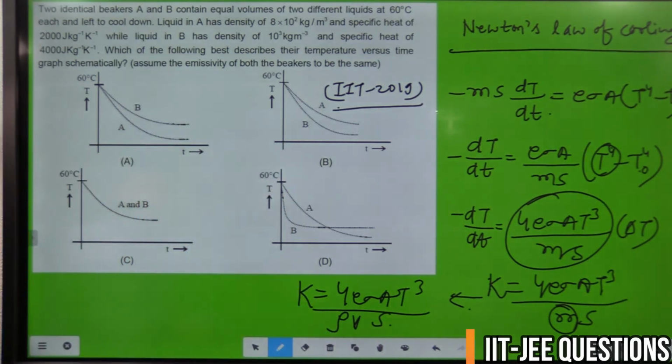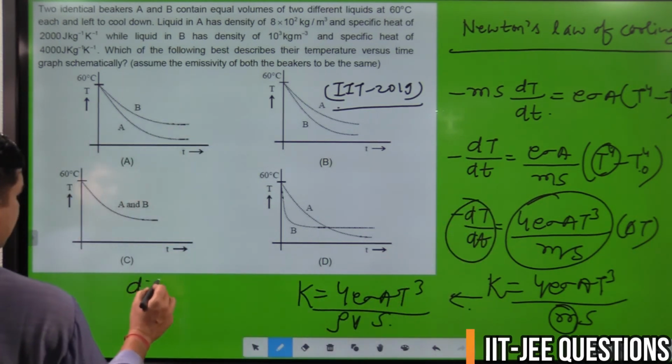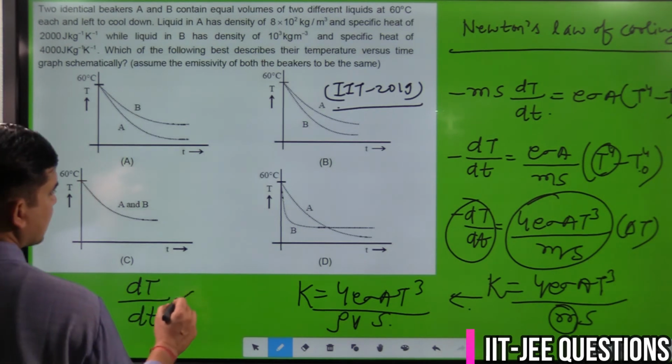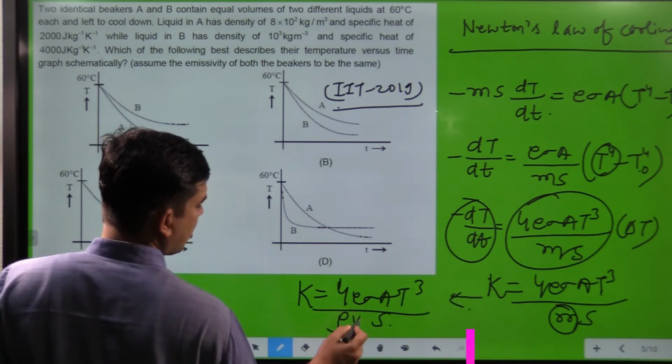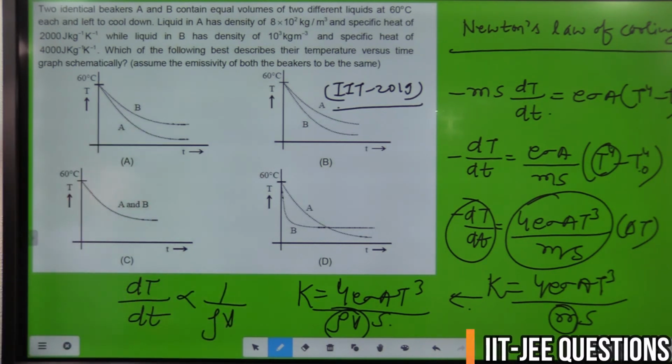The conclusion of this constant K is that capital dT upon small dt is directly proportional to 1 upon rho V, directly proportional to 1 upon rho V. It means what? Temperature versus time graph.